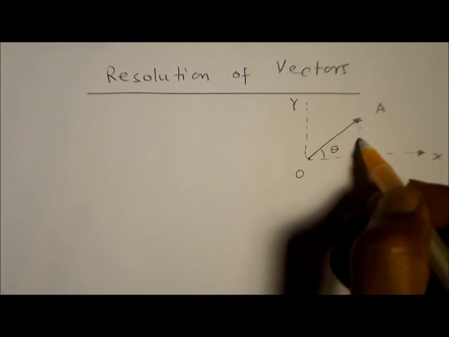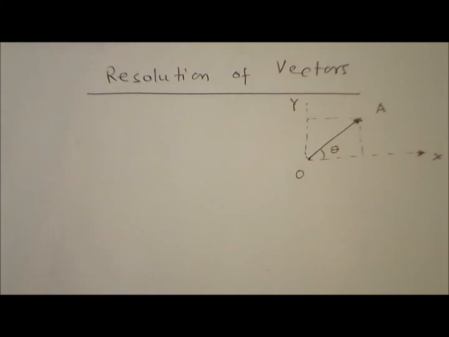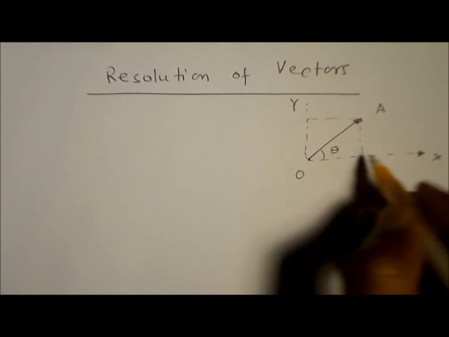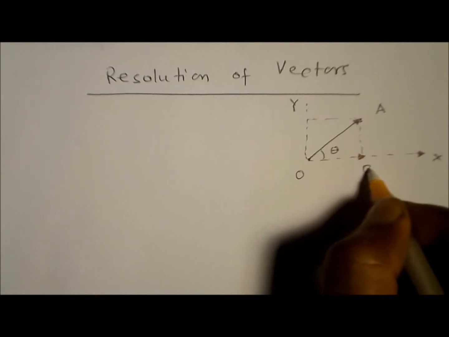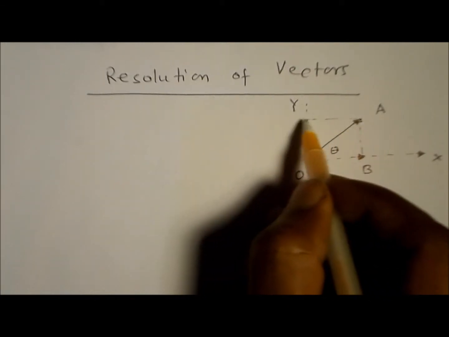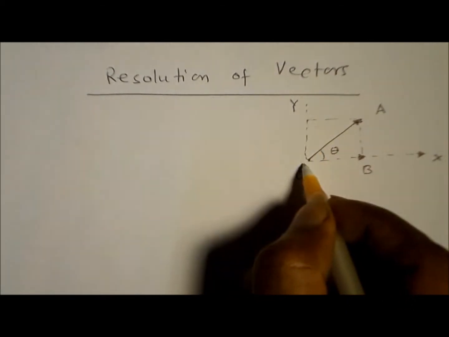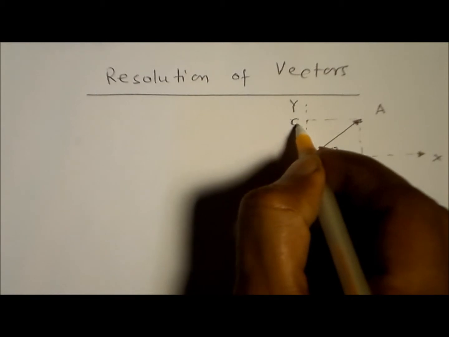One vector is along the x-axis, the other vector along the y-axis. So we draw a perpendicular from this point A on the x-axis. Let's call the foot OB, and we draw a perpendicular from A on the y-axis. The foot of the perpendicular is, let's say, C.